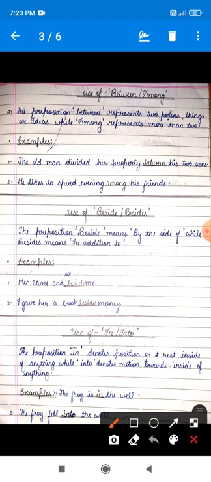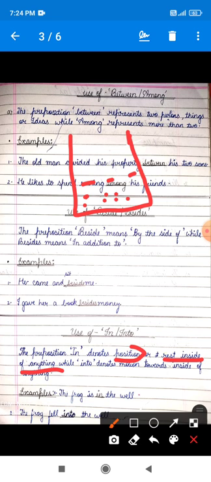The preposition in denotes position or rest inside of anything. Are you getting me? Okay, dear. The preposition in denotes position or rest inside of anything. Okay, suppose that you can see this is a vessel and the water is already in the rest position.